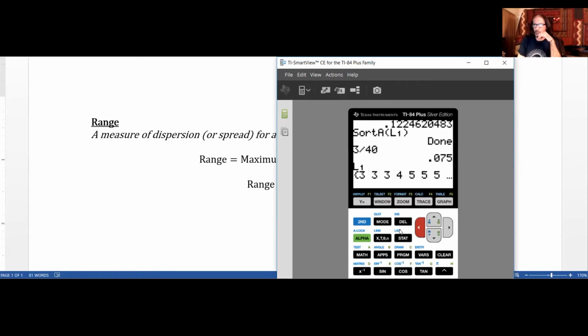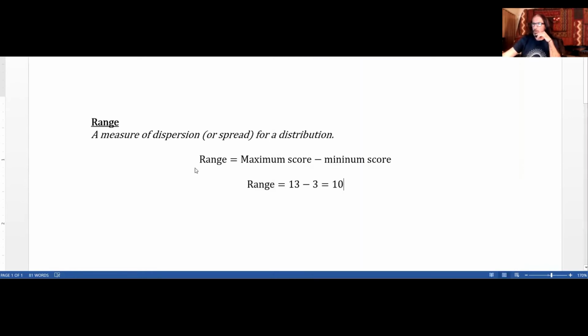Now the point of that is that's telling us how spread out all of the data is. And by the way, if I press 2nd and 1 in the home screen, I get that sorted list of data, double checking that our lowest score was 3 and our maximum score was 13. So again, 13 minus 3 gives us a range of 10.